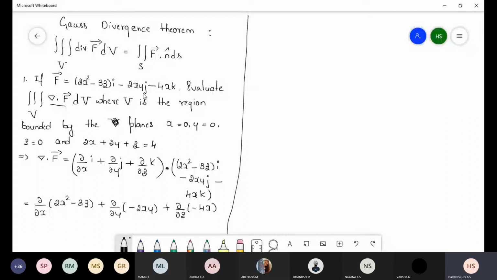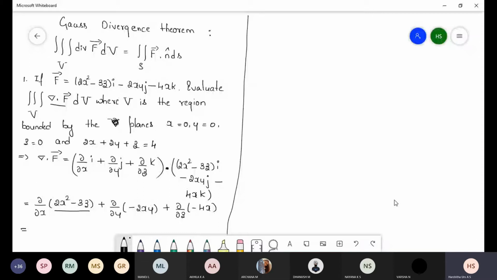Now do the partial differentiation, first term with respect to x, second term with respect to y, third term with respect to z. First term with respect to x means 2x square differentiation is 4x, minus plus into minus minus.